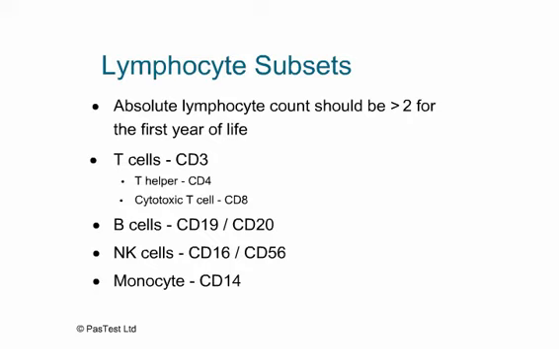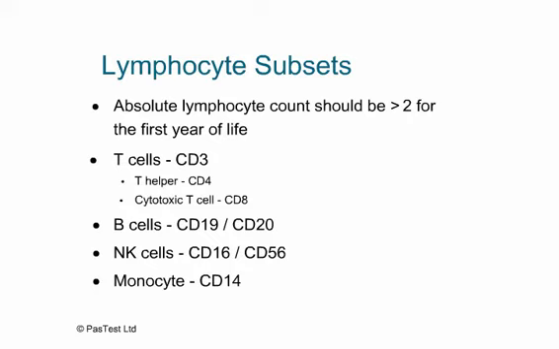So the T-cell marker usually used is CD3, CD4 and CD8 are used to determine T helper and cytotoxic cells. For B cells, either CD19 or CD20 is used. And for natural killer cells, CD16 or CD56. On some occasions, it's desirable to look at monocytes, and if a monocyte marker is required, then CD14 is usually used.